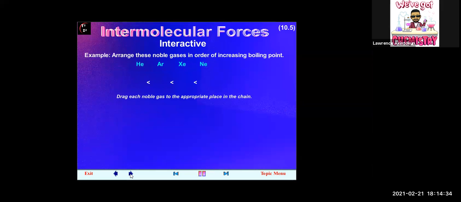And arrange these noble gases in order of increasing boiling point. That means from the smallest boiling point to the highest boiling point. Helium, argon, xenon, and neon.